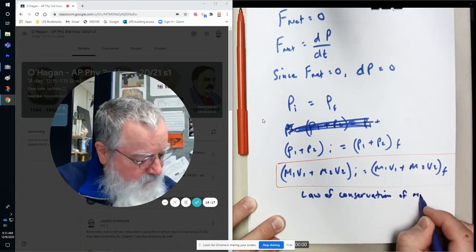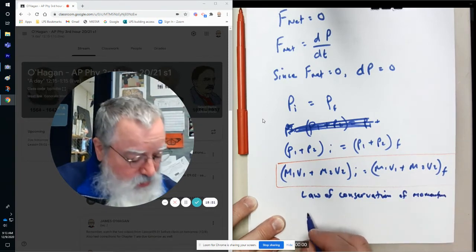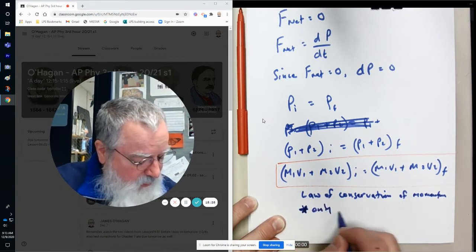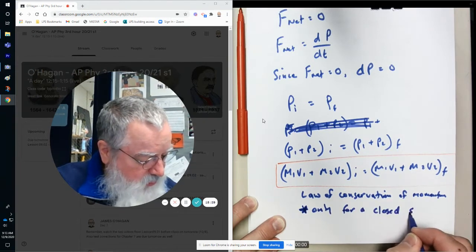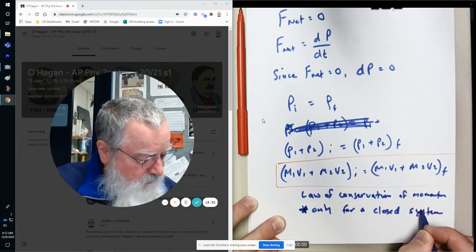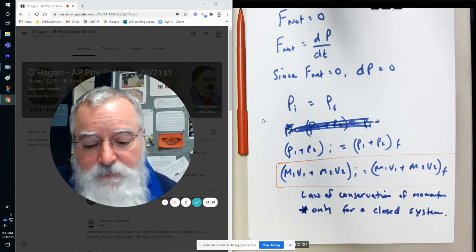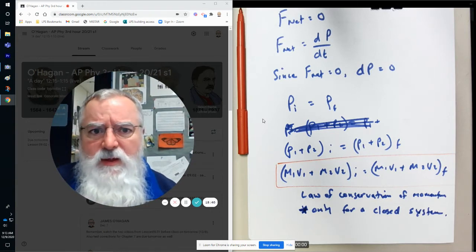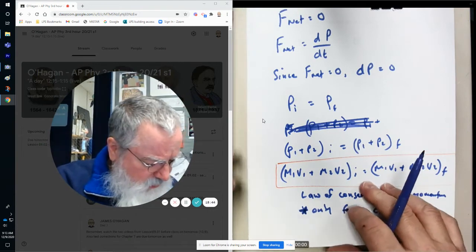And this law works only for a closed system. The law of conservation of momentum is only for a closed system, a system where nothing else interacts.